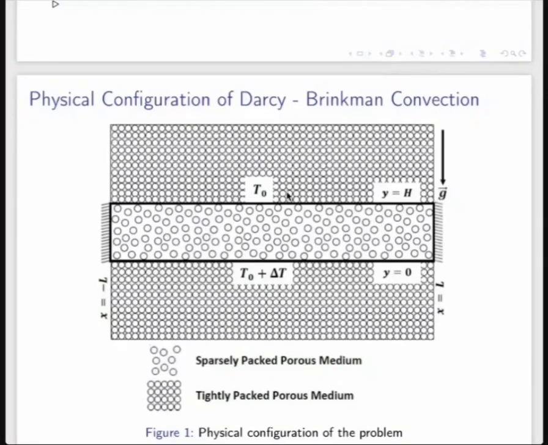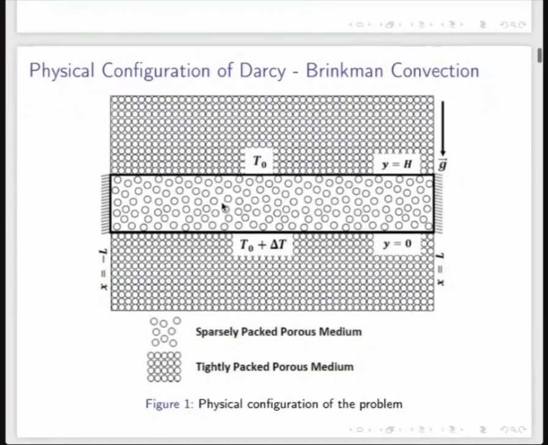The presence of this tightly packed porous medium underneath and above the enclosure enables the heat and the fluid to be exchanged with the environment. Okay, so this mainly gives rise to what are called general boundary conditions.